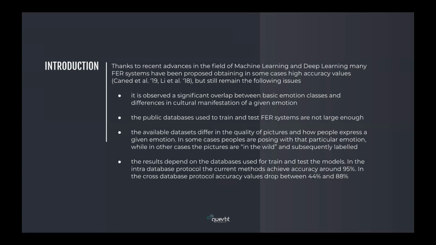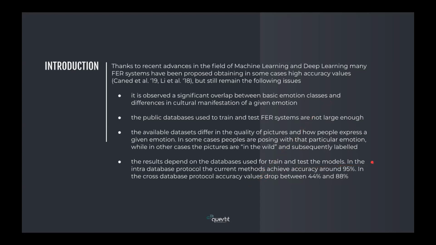But in other cases, the pictures are in the wild. Namely, for example, the pictures are downloaded from the web, and I annotate the picture with that emotion. And finally, the results depend on the databases used to train and test the models.